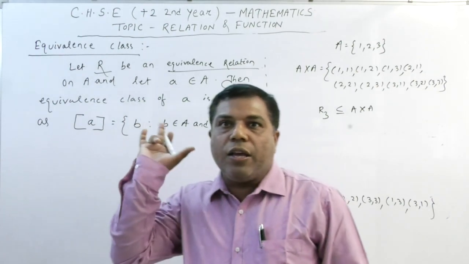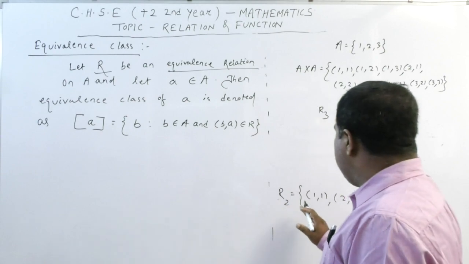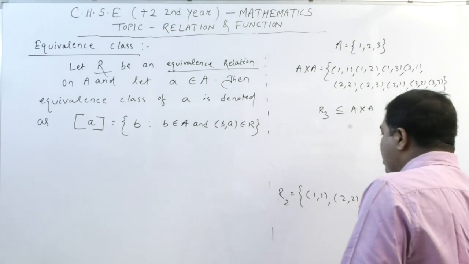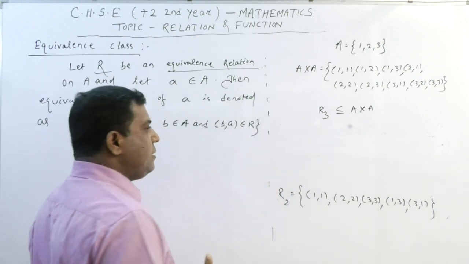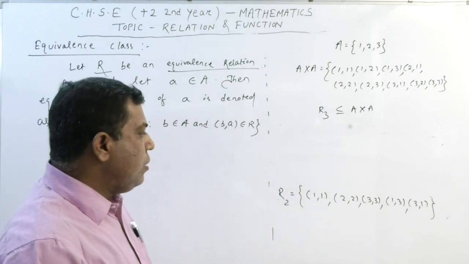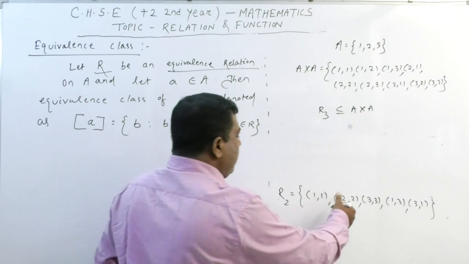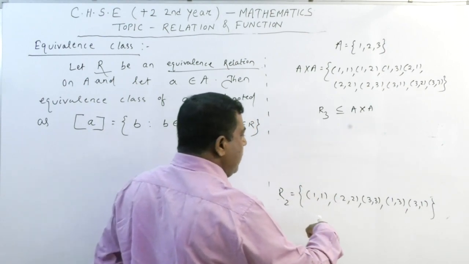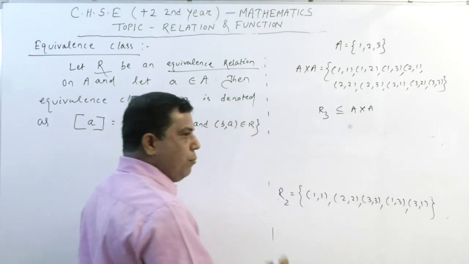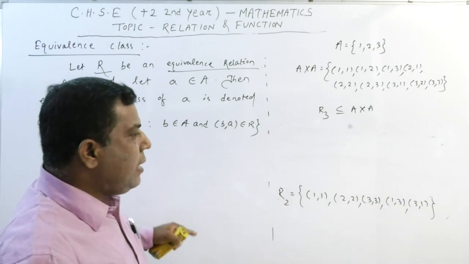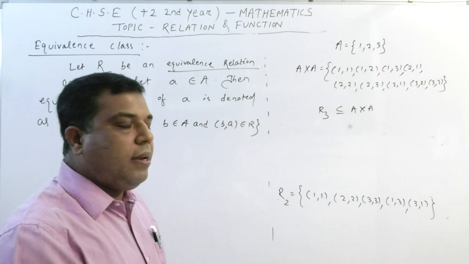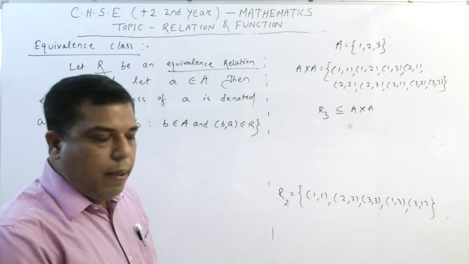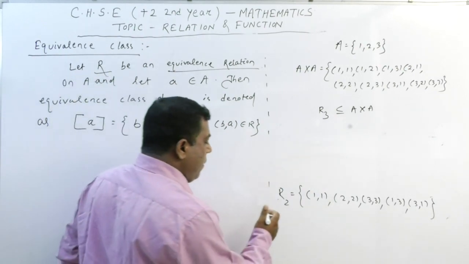So if an equivalence relation is there, then only we are able to get the equivalence classes. So let us try with me. We will take the equivalence class of those elements, and one observation is clear: the equivalence class of each and every element of the original set can be found.